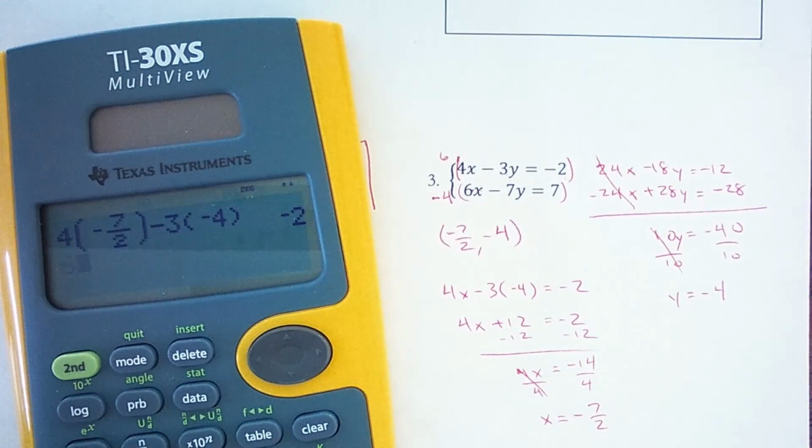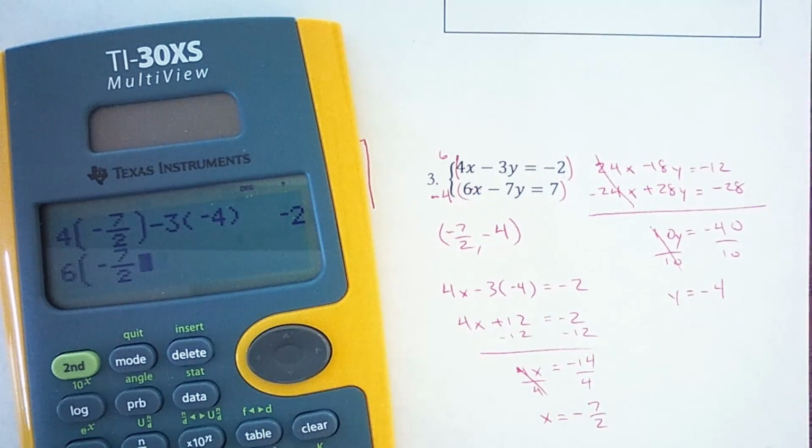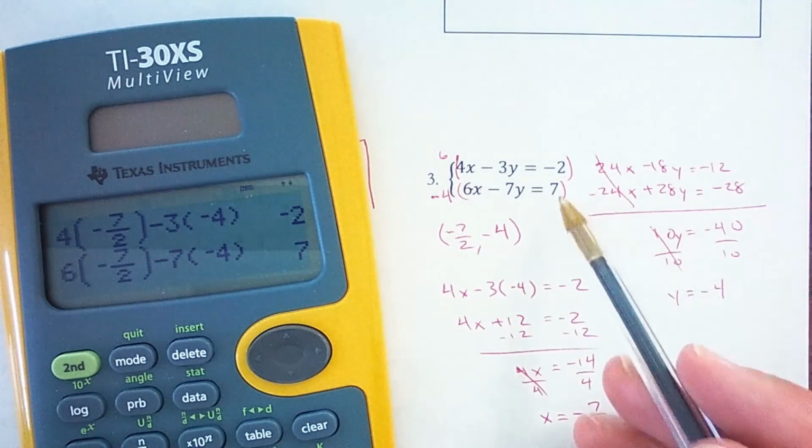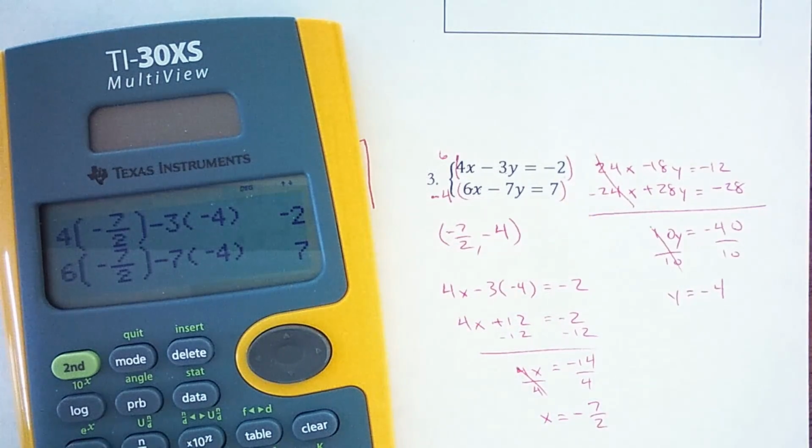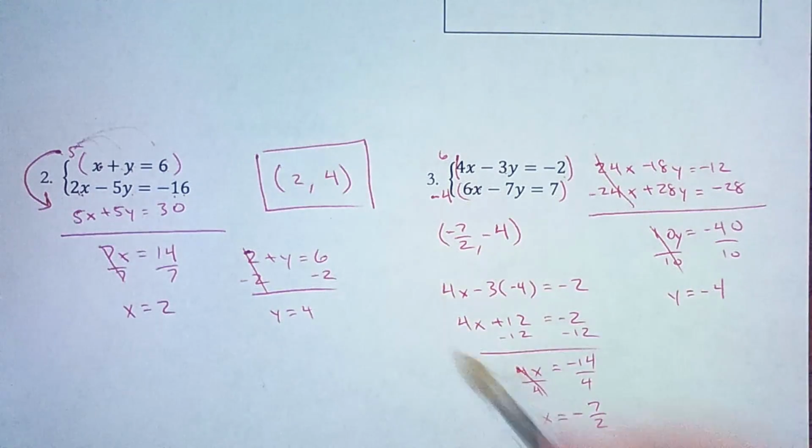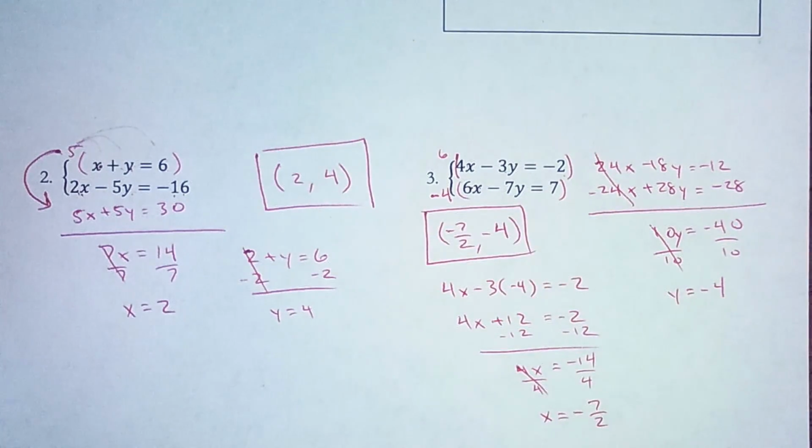So it worked for the first line. 6 times negative 7 halves minus 7 times negative 4 is 7, just like it's supposed to be. So this point checks out in both equations.